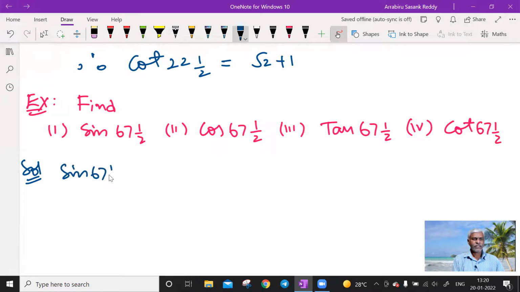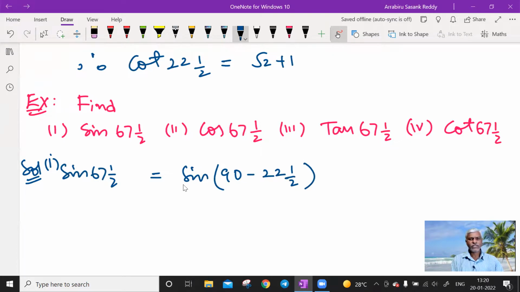Sin 67 and a half, first one. So this is sin of 90 minus 22 and a half. 90 minus 22 and a half is 67 and a half.